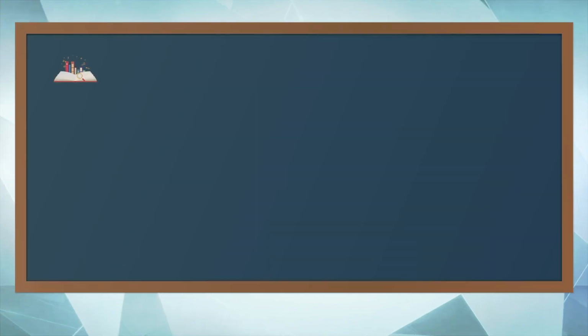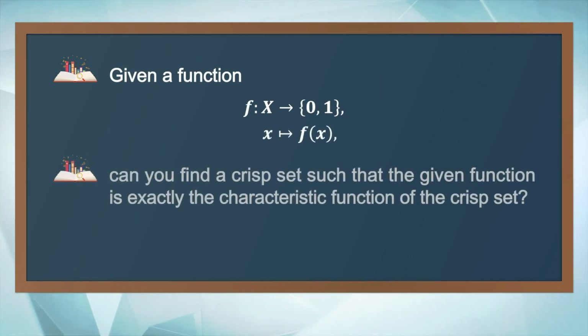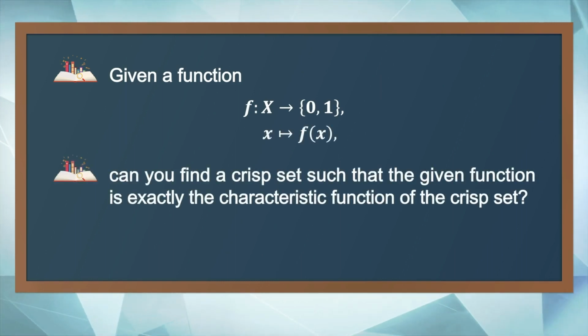Next, let's approach the subject from a different direction. Given a function f, where its domain is the universal set X, and its range is the set {0, 1}, can you find a crisp set such that the given function f is exactly the characteristic function of the crisp set?